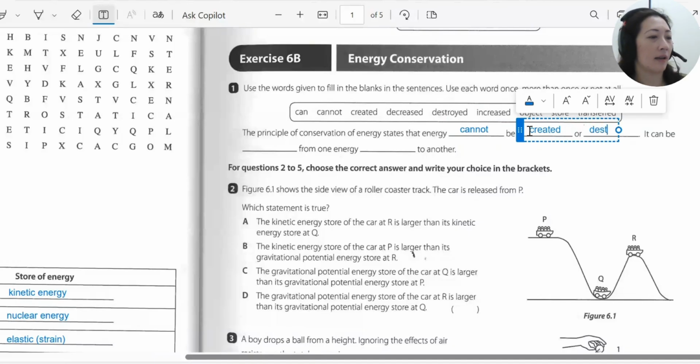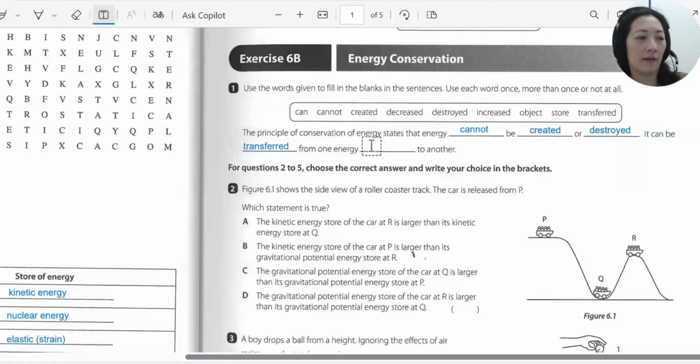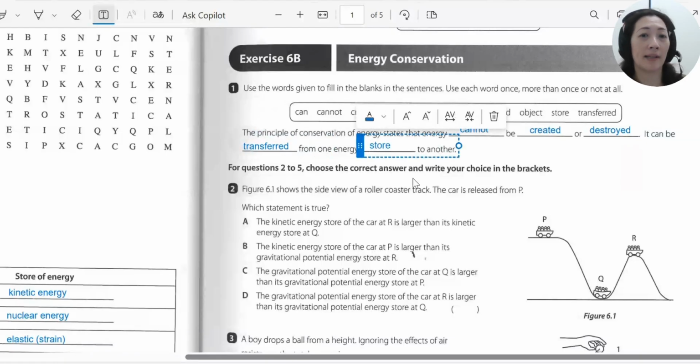It can be transferred from one energy store to another. These are the best words that we can use from the word bank.